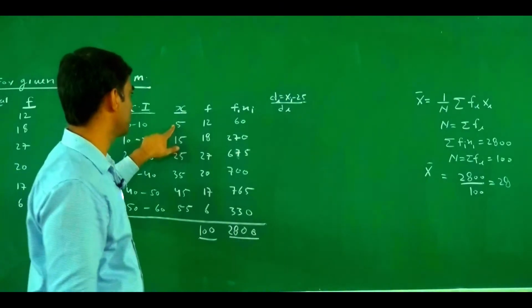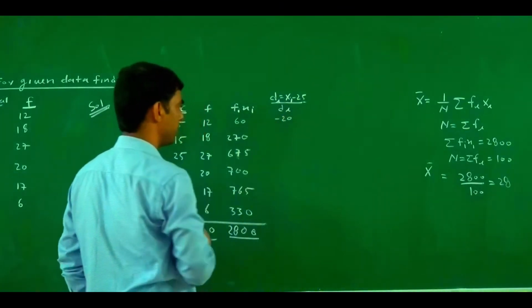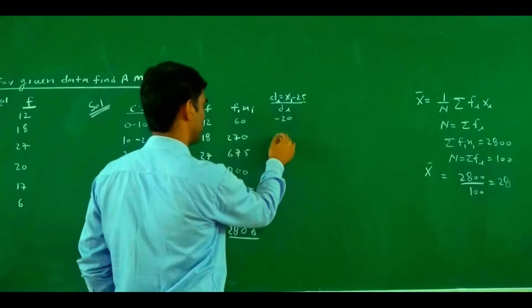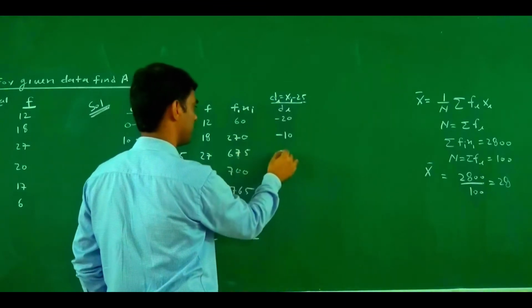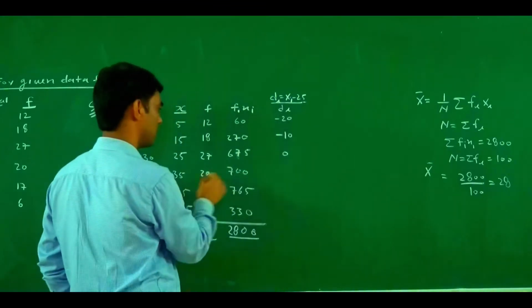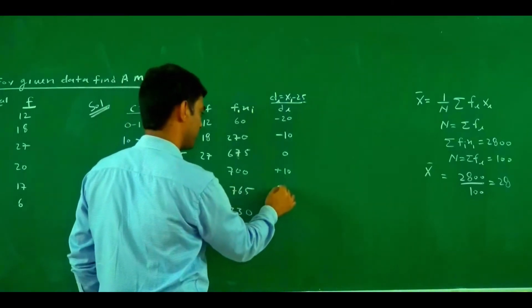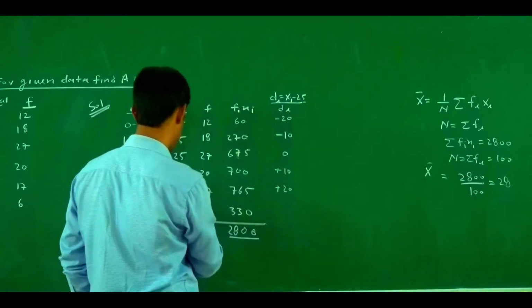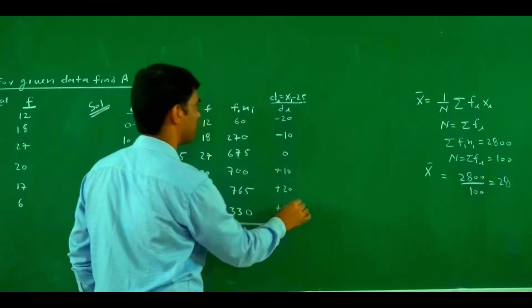So 5 minus 25 is minus 20. 15 minus 25 is minus 10. 25 minus 25 is 0. 35 minus 25 is 10. 45 minus 25 is 20. And 55 minus 25 is 30.